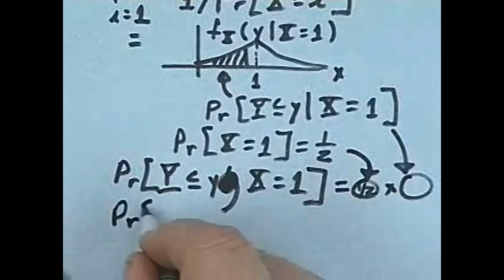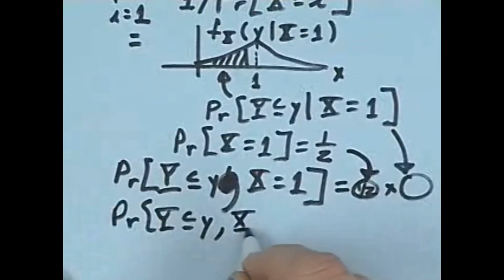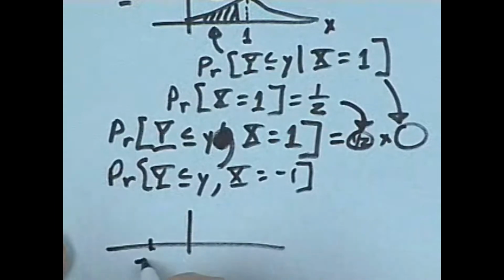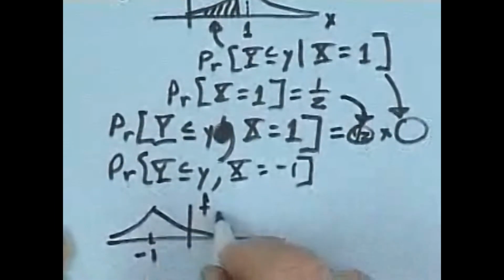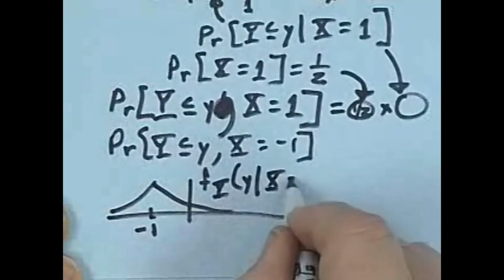In a similar fashion, one can compute the probability that y is less than or equal to y, given that x is equal to minus 1. Exactly the same thing, except that the conditional density function for y is now centered at minus 1. And this is the density function for y given that x is equal to minus 1.